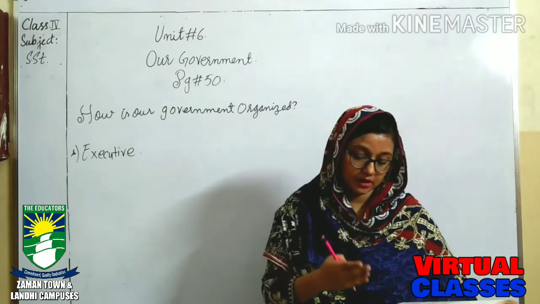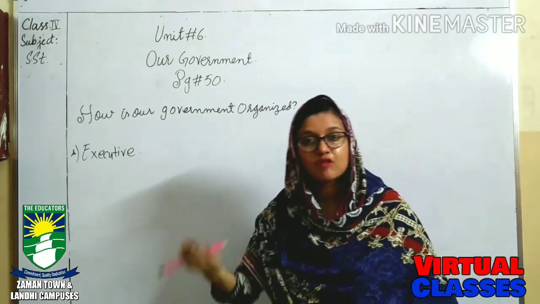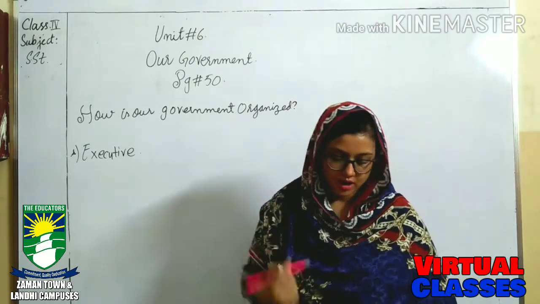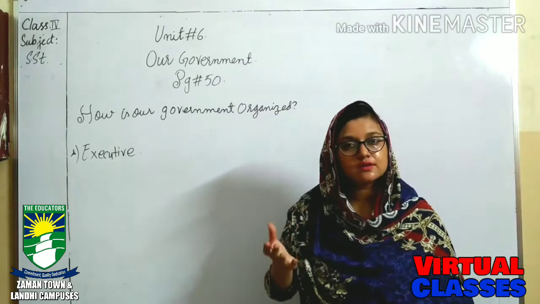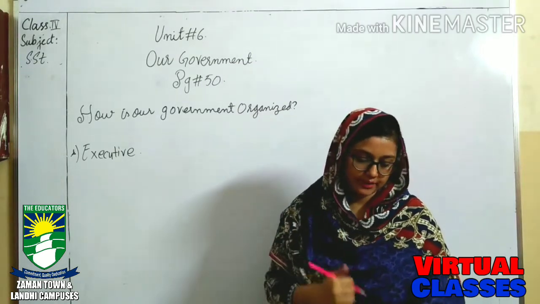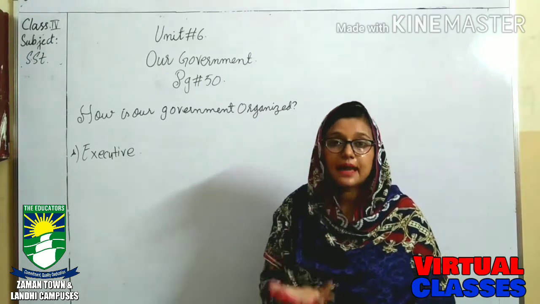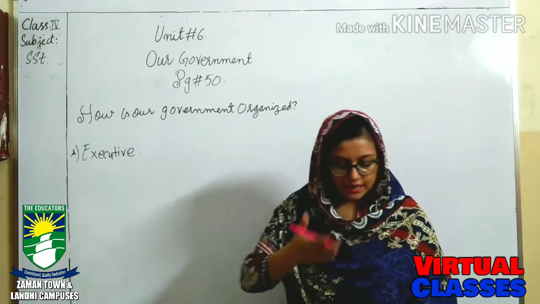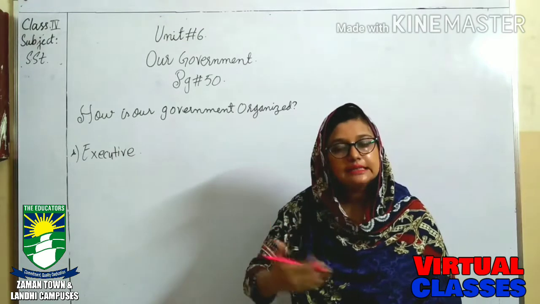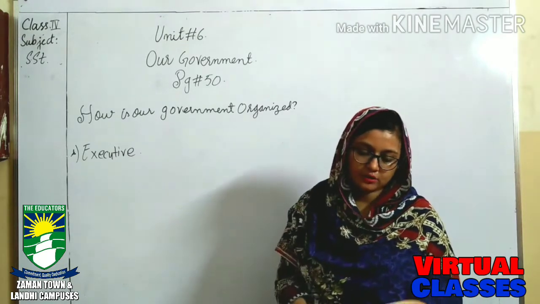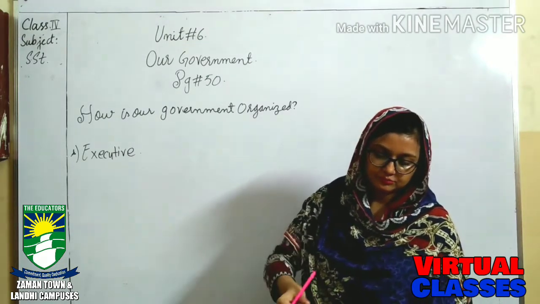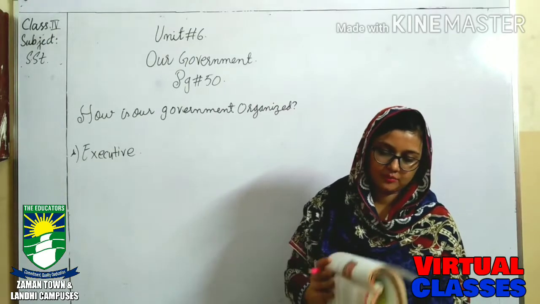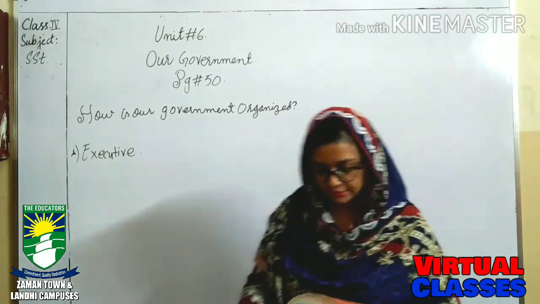It builds roads, provides transport, jobs, etc. Above all, they are providing safety. Now the government makes a plan telling the people what it hopes to do and how it will do these things. Okay, now turn to page number 52.